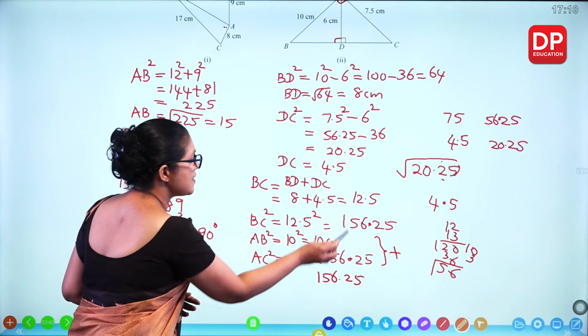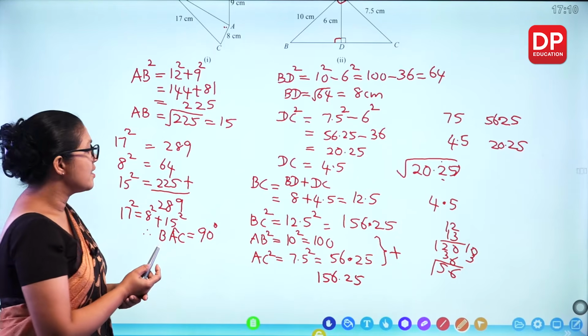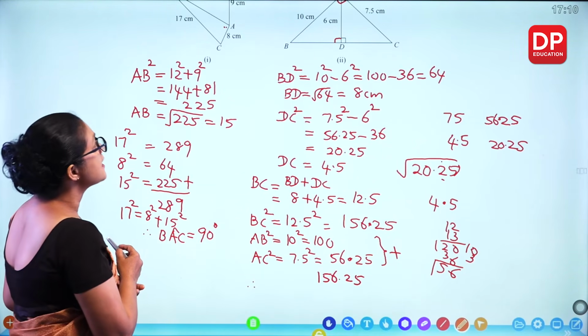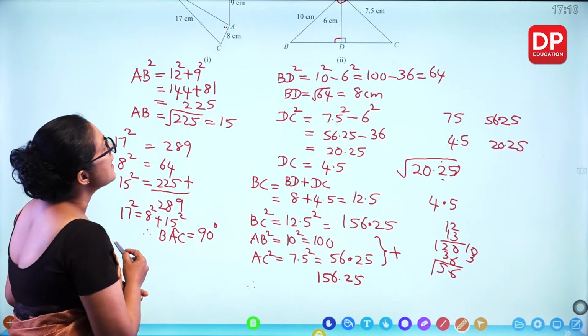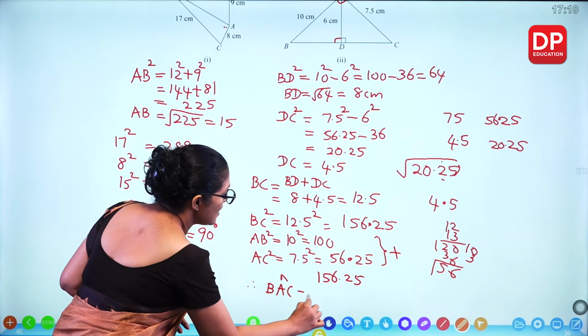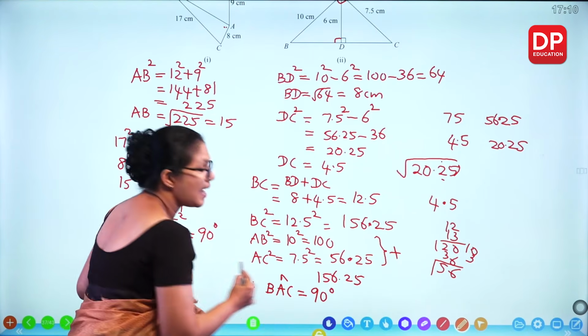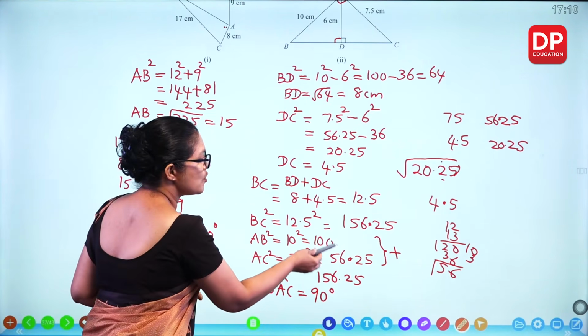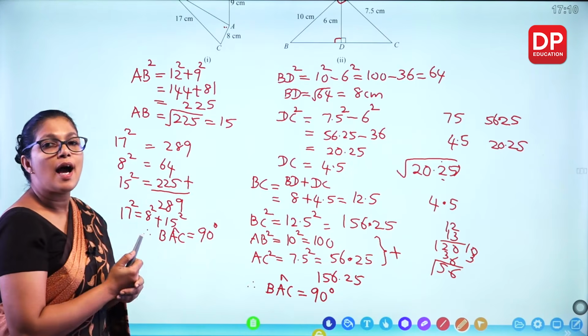So this one is the same as this one. Therefore, BAC is a right angle because the sum of these two squares equals the hypotenuse squared.